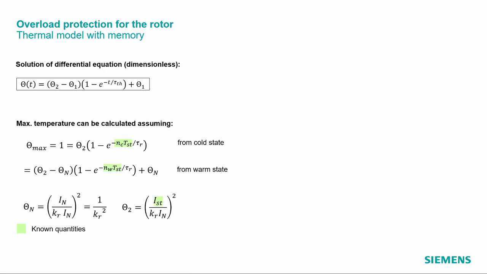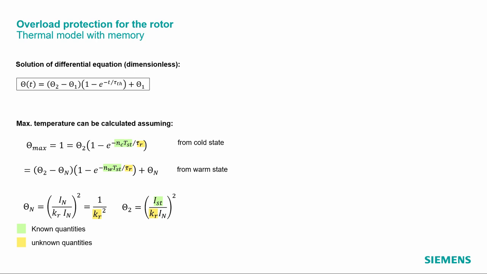Okay, if we have now a look at these two equations here, then I have some known quantities. This is my NC and my TST, so the starting time and the number of starts from cold and warm. And I also have the starting current, so these 4 values we have here. What is not known is the tau, the time constant for this rotor in this model, and the KR. So it's not a given value. It's a value which we need to calculate, or both are values we need to calculate from these 2 equations.